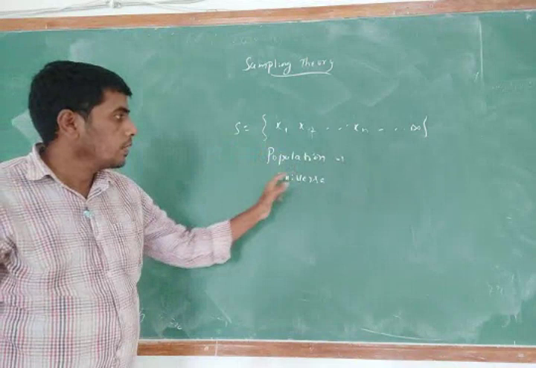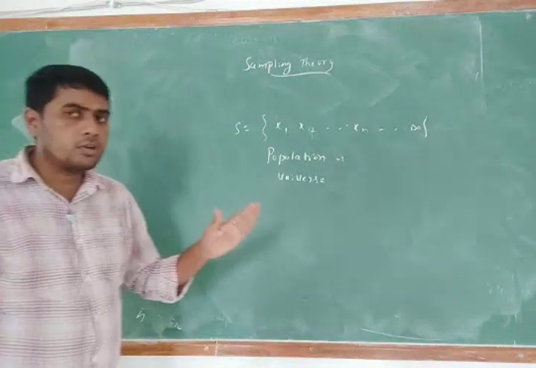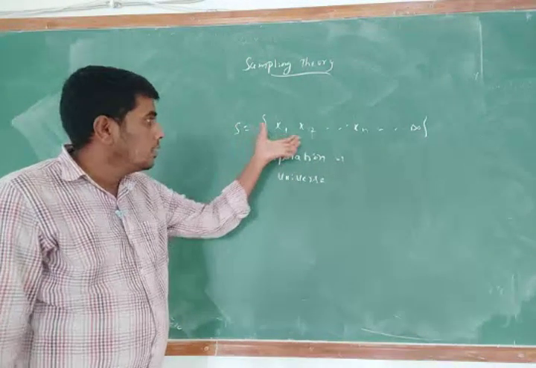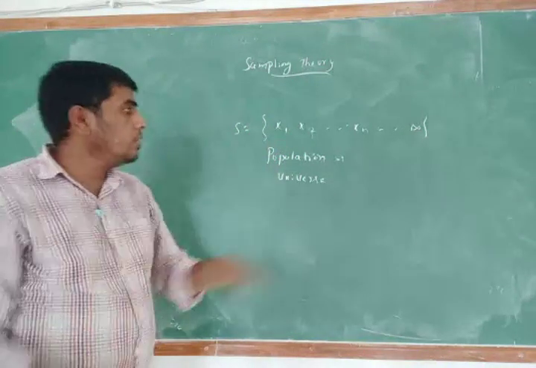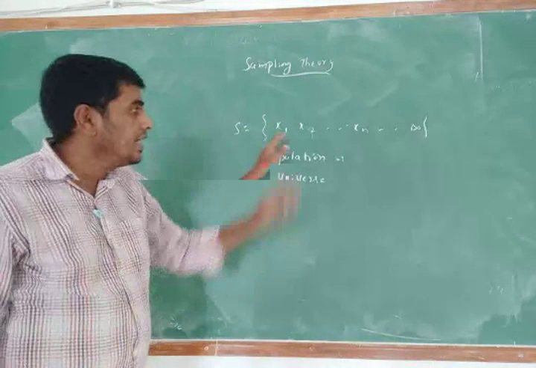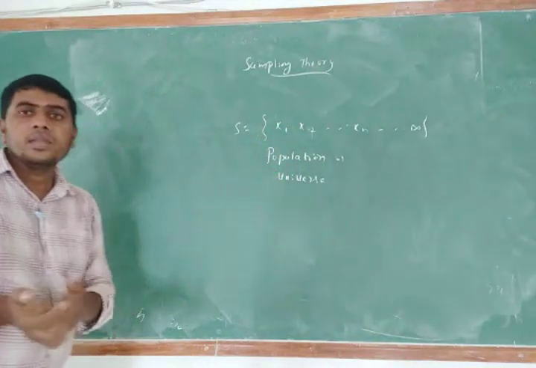A population or universe can be defined as a large collection of individuals is known as population.